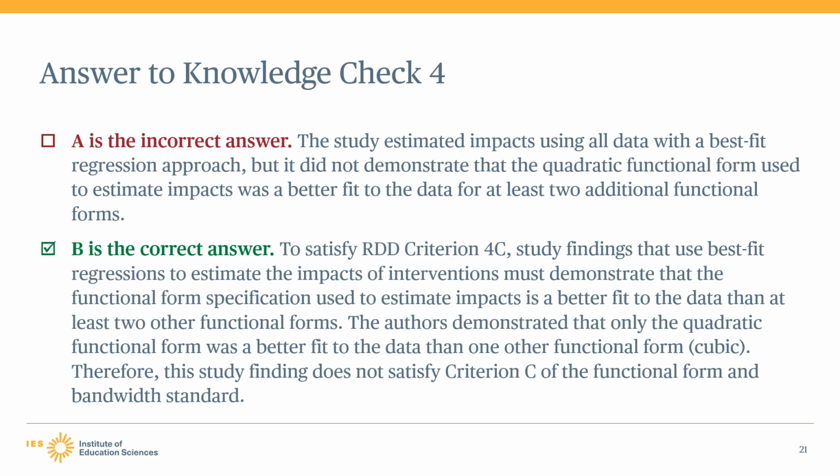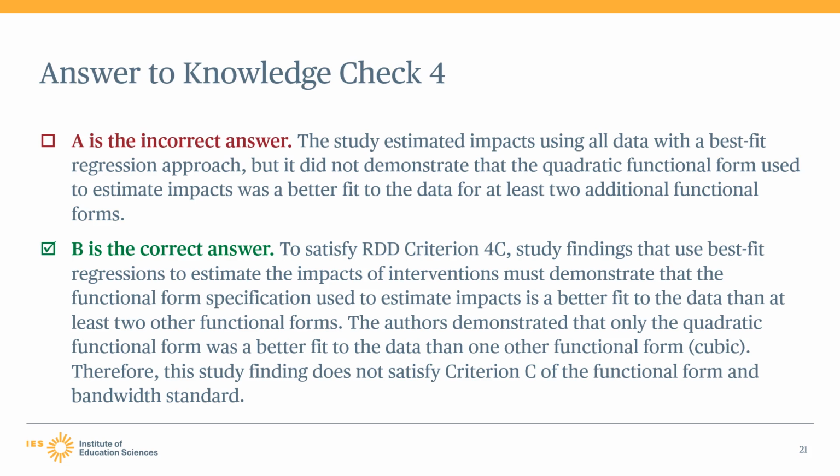For studies that do not use local regression or related nonparametric approaches to estimate impacts within a justified bandwidth to satisfy RDD criterion 4C, the authors must demonstrate that the functional form specification or best fit regression model was a better fit to the data than at least two other functional forms.